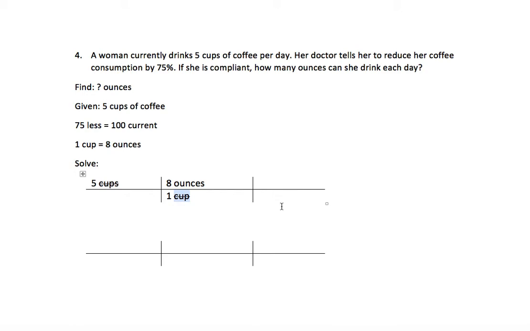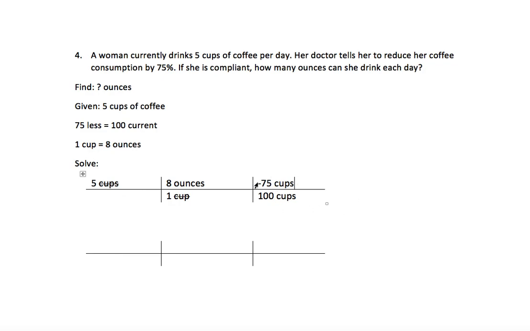And then, so this is how many current cups, and the amount that he wants her to reduce her consumption is that for every 100 cups, he wants her to subtract 75 cups for every 100 cups that she currently drinks, is one way to look at that.